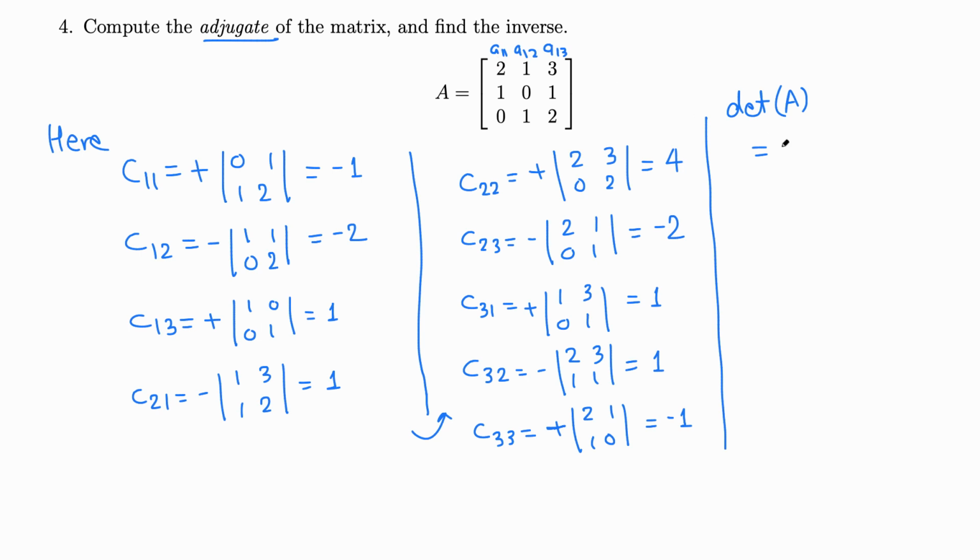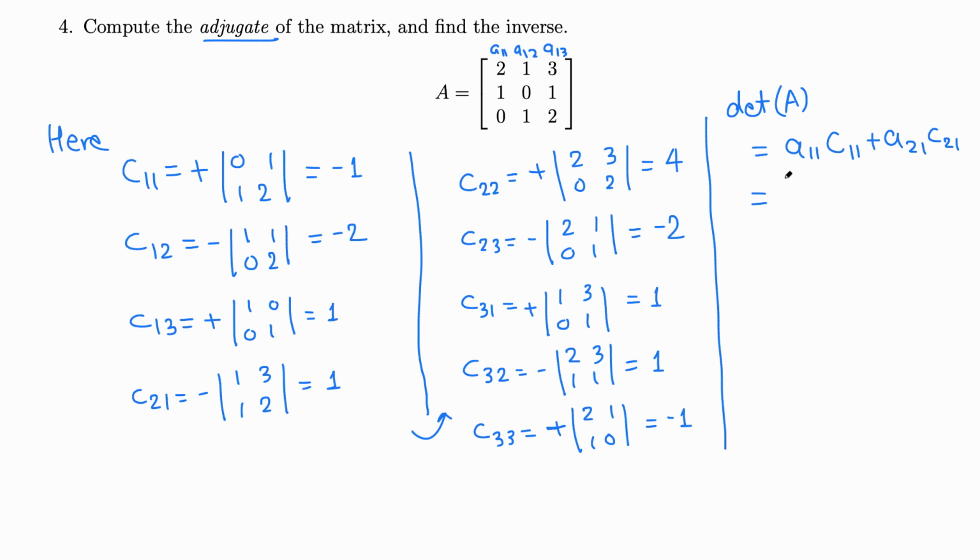So that's 2, that's A11 by the way. We can write A11 times the corresponding cofactor C11, plus, we are going this way, right, A21 times C21, plus the third is 0, so we don't have to even write it because it's going to be 0.